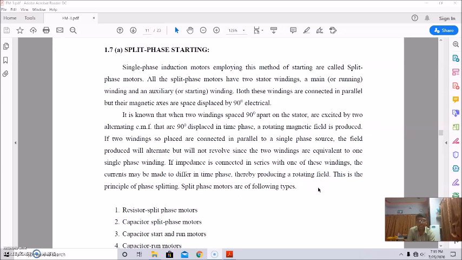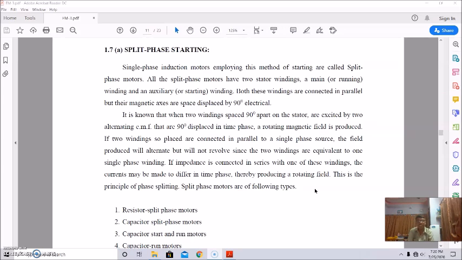That's the beauty, and this is the principle of phase splitting.